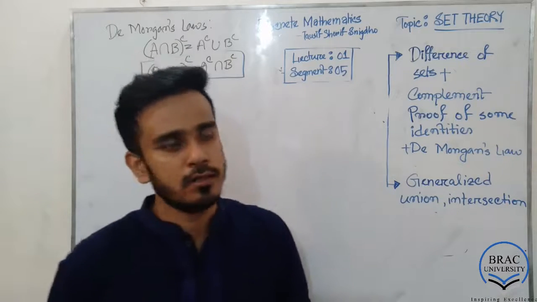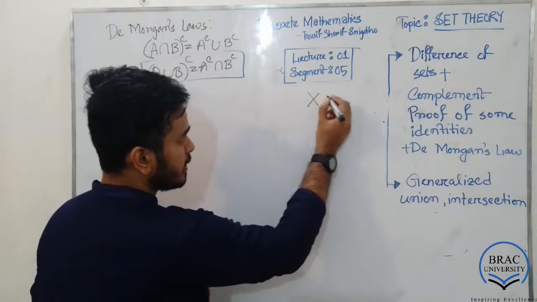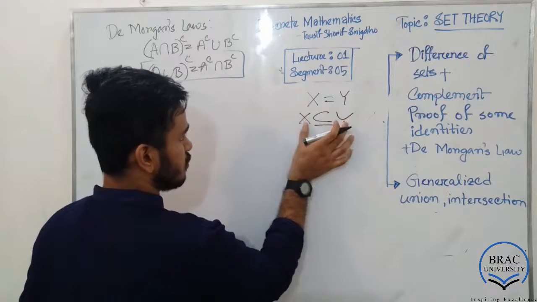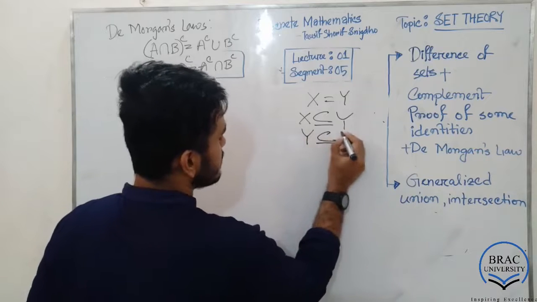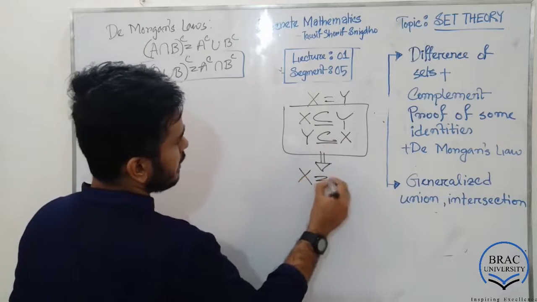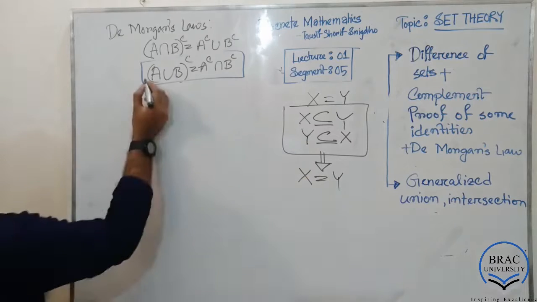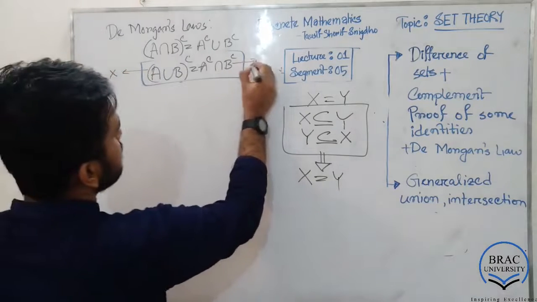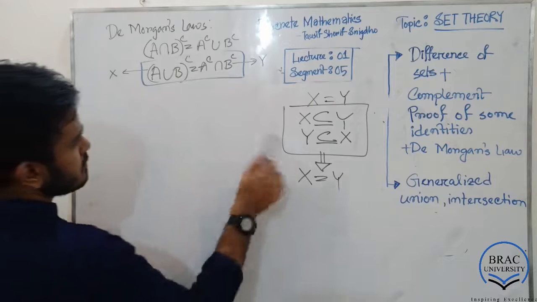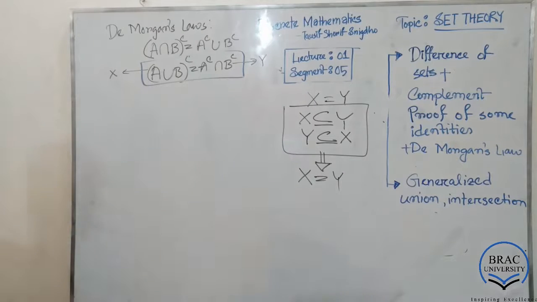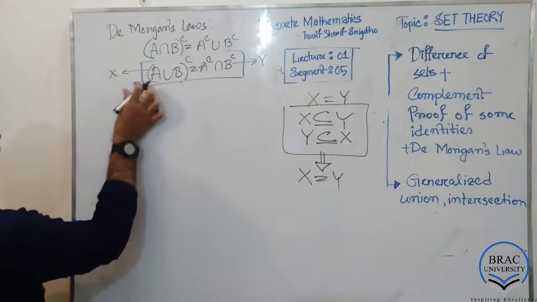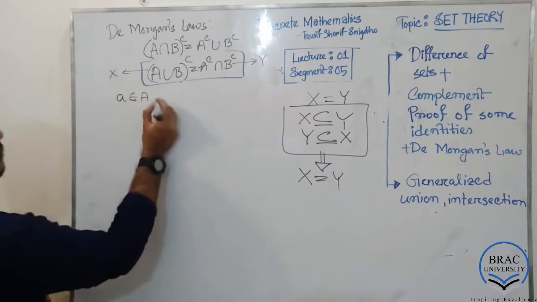When we studied equal sets, we knew that if we have to prove two sets X and Y are equal, we first prove that X is a subset of Y, and then prove that Y is a subset of X. And from these two statements, we can claim that X equals Y. Here, let's assume this is X and this part is Y. So first we'll prove X is a subset of Y. Then we'll prove that Y is a subset of X. So at first we claim that A belongs to.